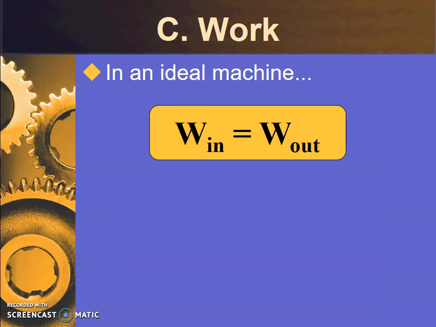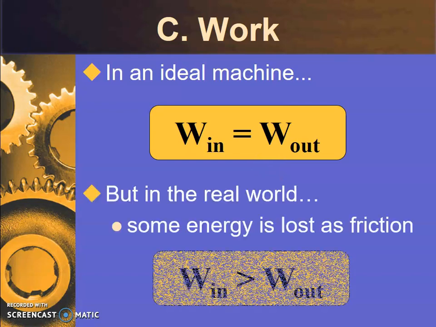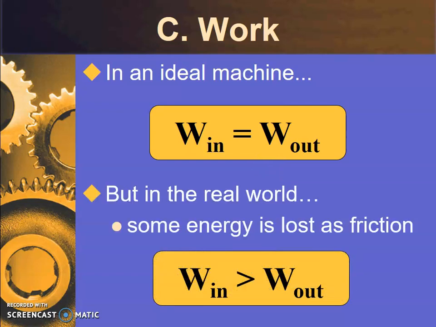Now, in an ideal machine, so in an ideal world where everything works exactly the way that it's supposed to, then the work input would exactly equal the work output. However, as we have been learning in our last few units, in the real world this doesn't happen.